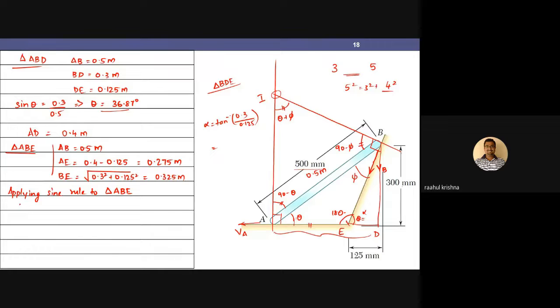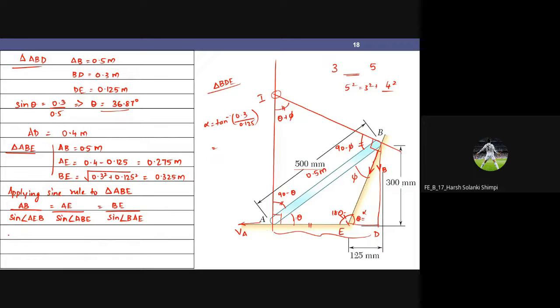So I have AB divided by sine of angle AEB, the angle opposite to AB, equal to AE upon sine of angle ABE, equal to BE divided by sine of angle BAE, correct?